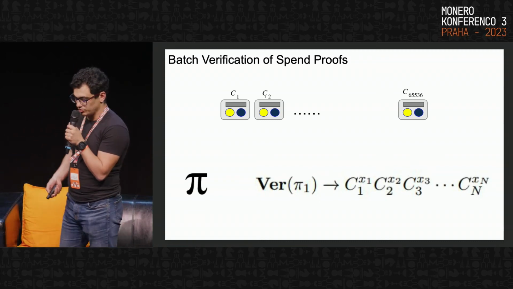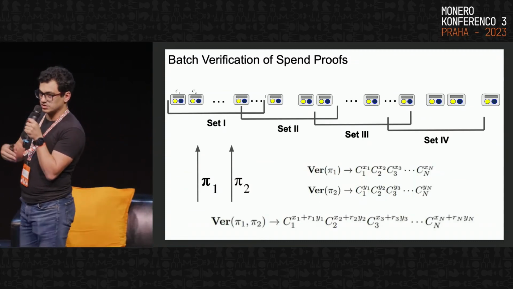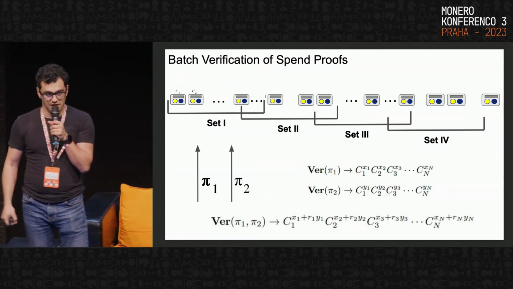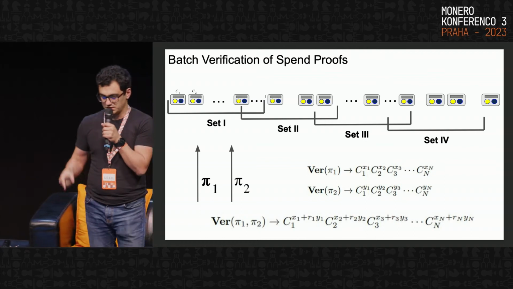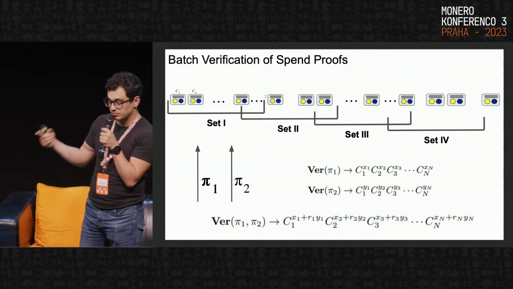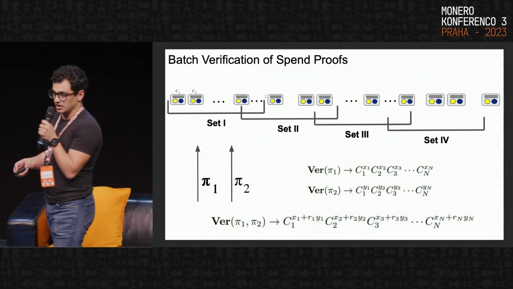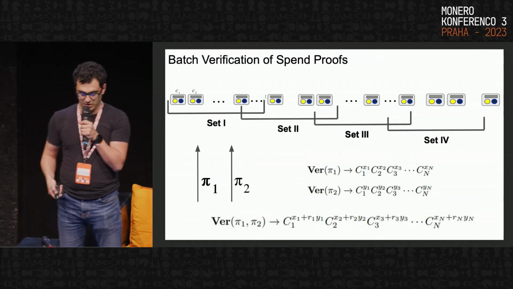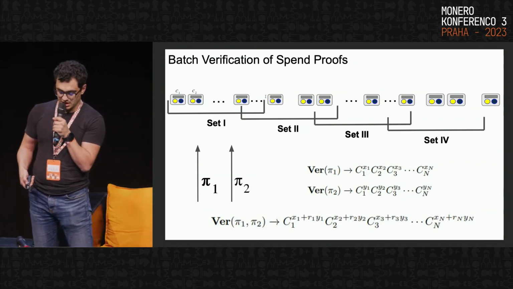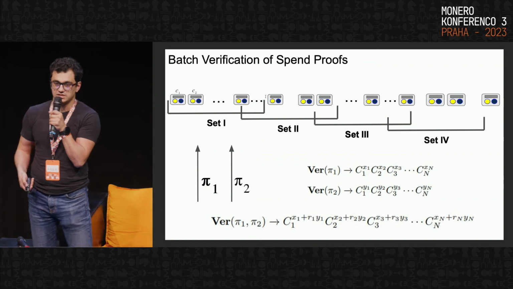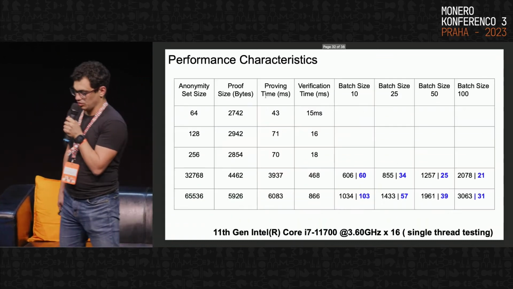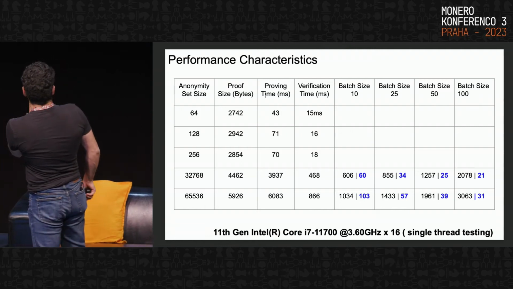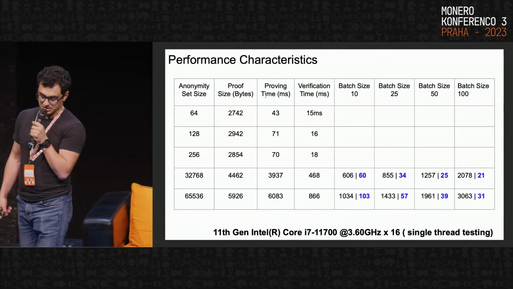So assuming we have two proofs, each referring to the same anonymity set, this verification part, which is using this multi-exponentiation, will use the same generator points, right? Which allows us to combine them mathematically and verify two proofs together with a single multi-exponentiation. These techniques allow us to have very optimized batch verification of transactions.